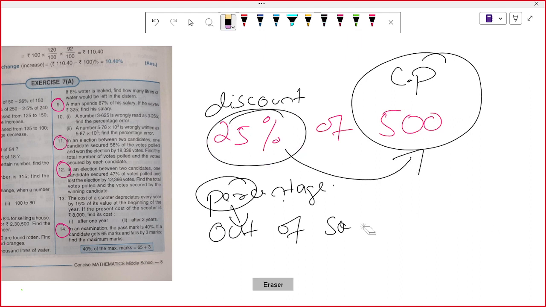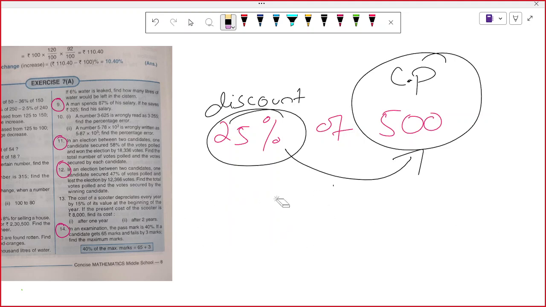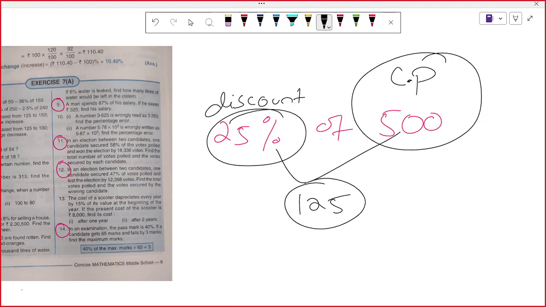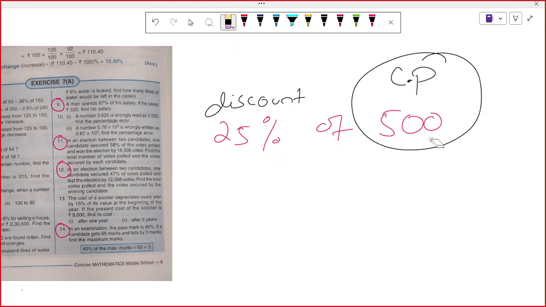And what's the value? What did we calculate? 125. So 125 rupees, but instead of rupees, they give it to you as a percentage. So percentage is nothing but a part of some value. This 25% is nothing but 125 rupees. This is how we calculate the rupees value when a percentage and a value like 500 are given.